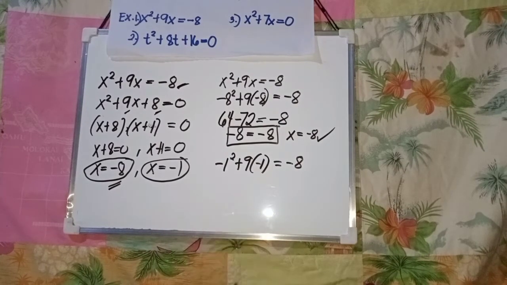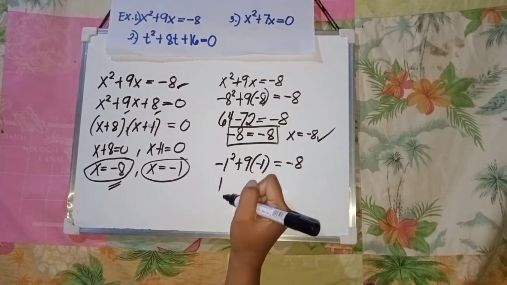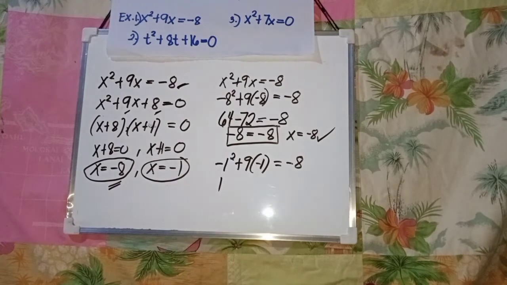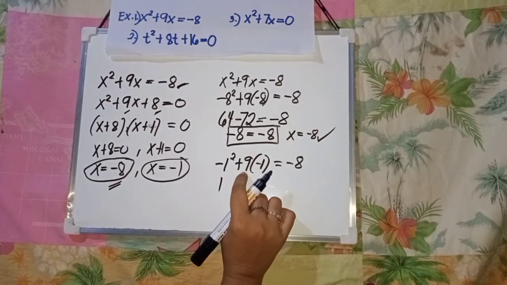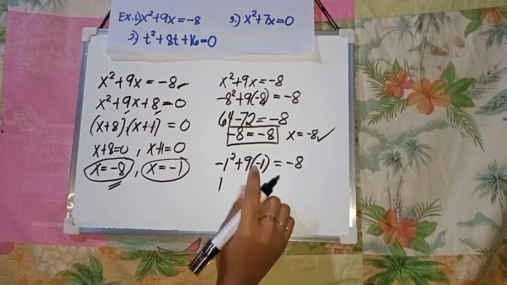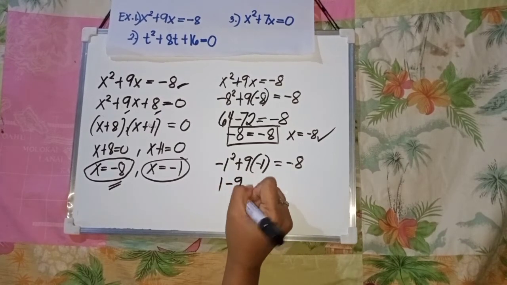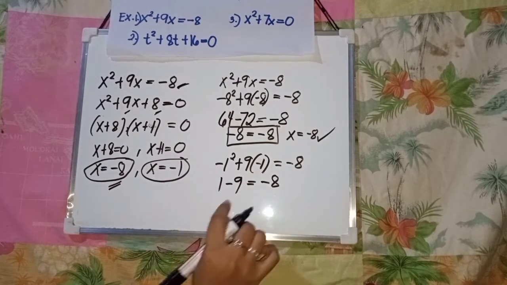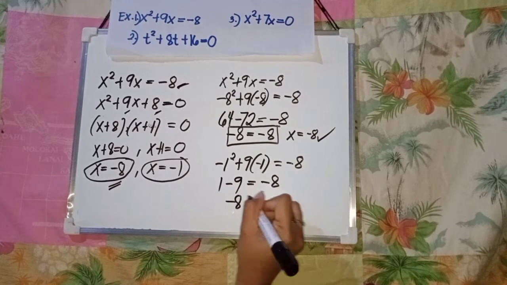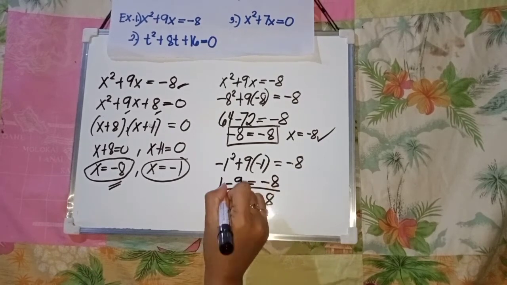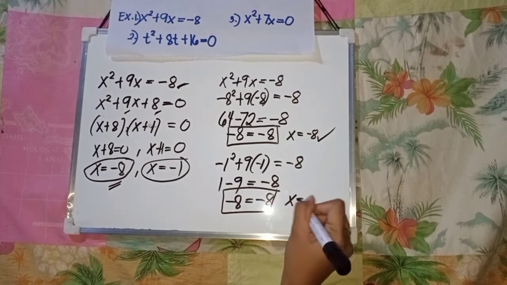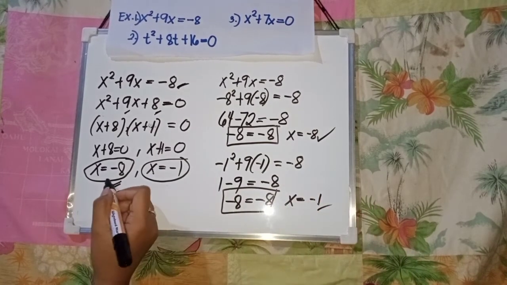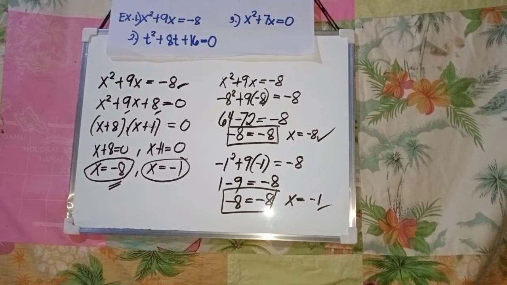Negative 1 squared is positive 1, as 1 times 1 is 1 and negative times negative is positive. 9 times negative 1 is negative 9. 1 minus 9 is negative 8, which is equal to negative 8. So, therefore, our x values are negative 8 and negative 1.